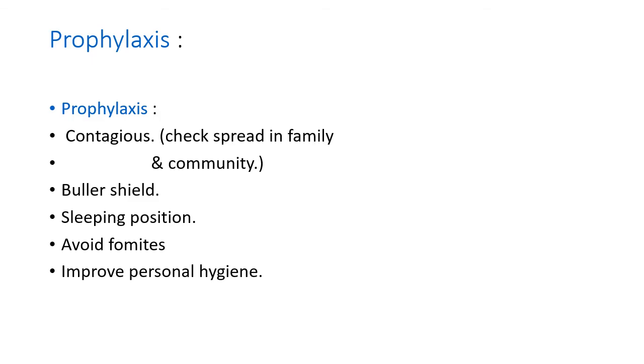Just like in corona, we are telling all the time, stay home, stay safe. So in corona we can get a conjunctivitis patient. You have to be very careful with the patients because it can infect other persons in the family as well as in the community.